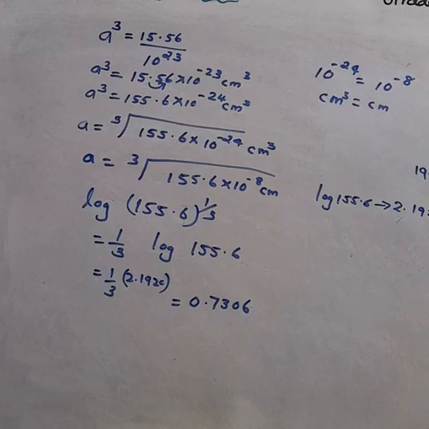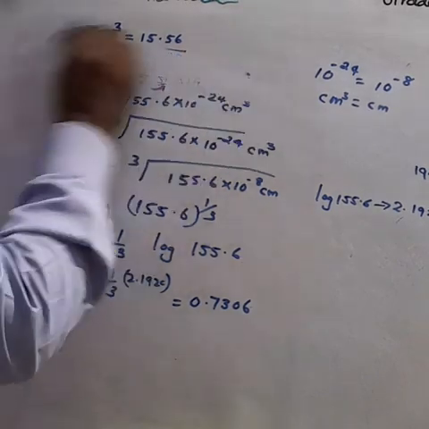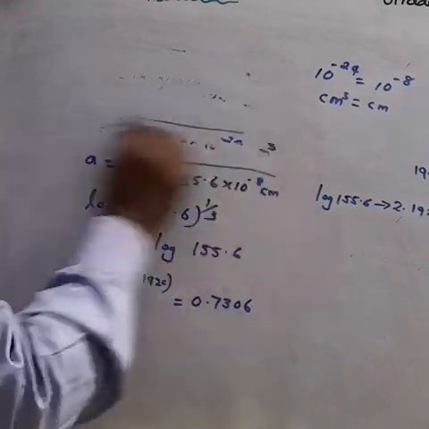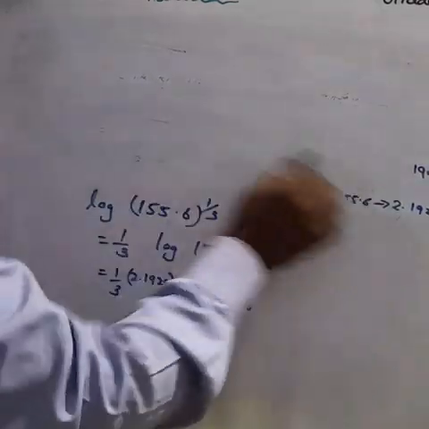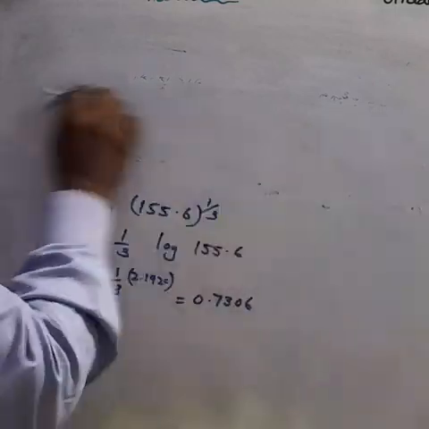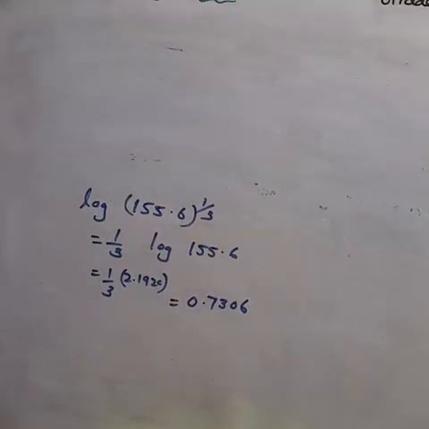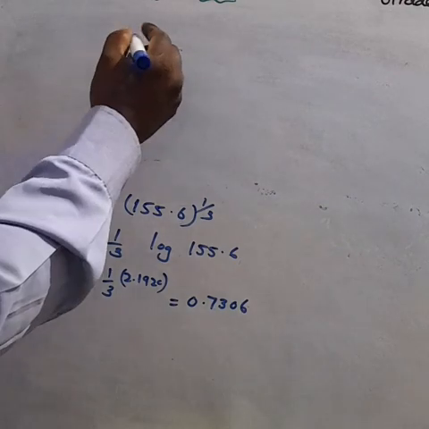Now I am taking the anti-log of this one, because previously I took the log. Next I take the anti-log of 0.7306. For 0.73 I get 5370.